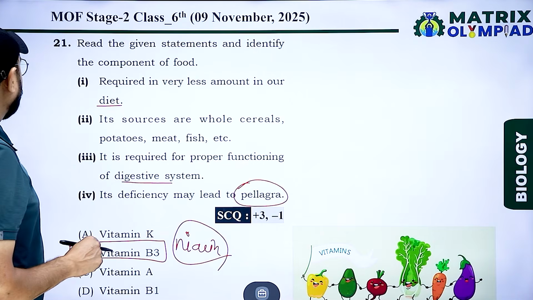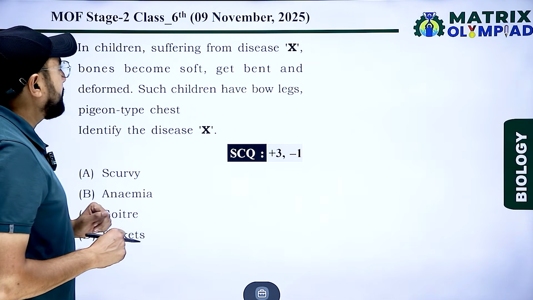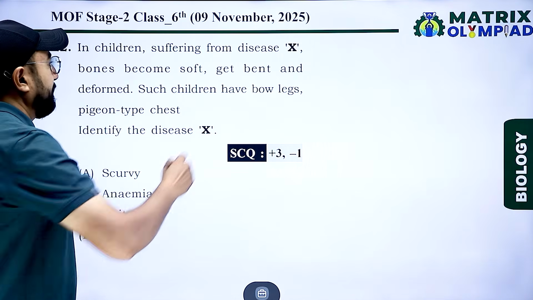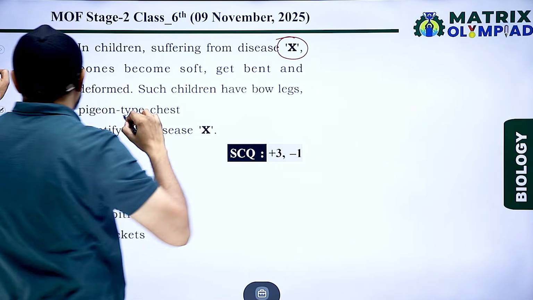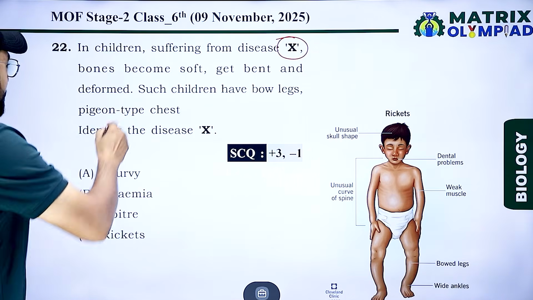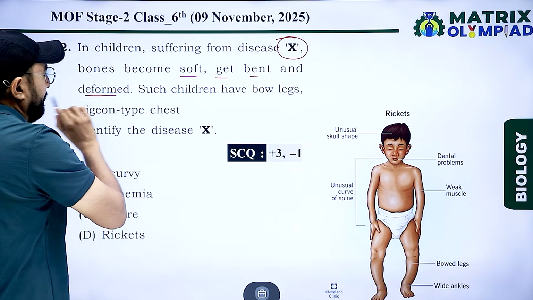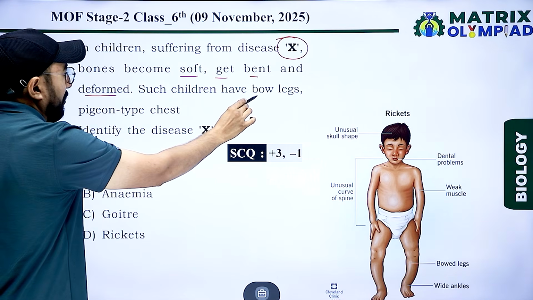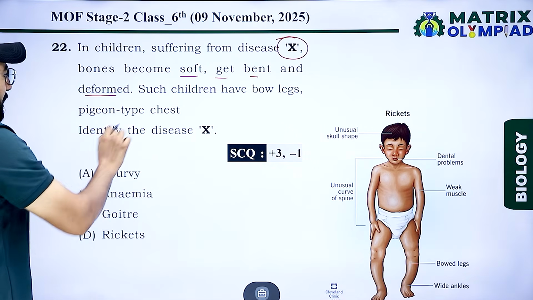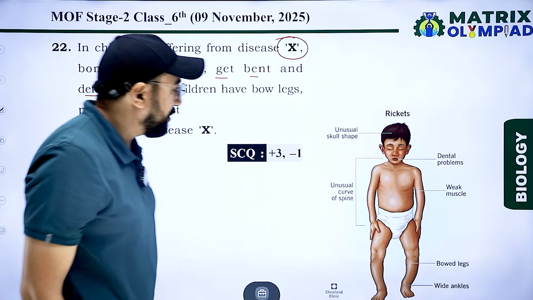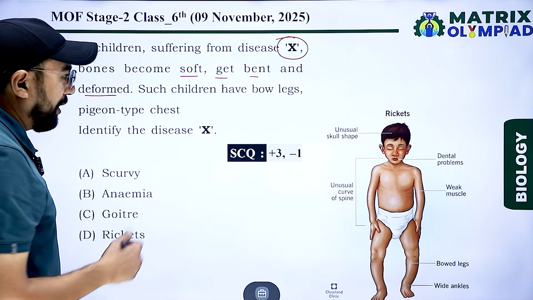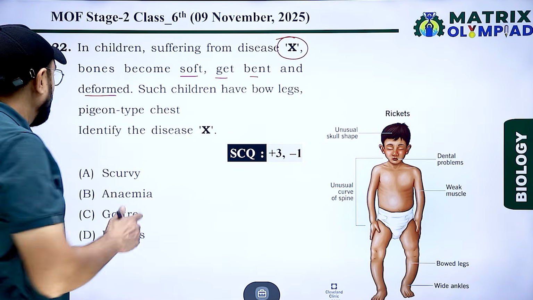Next question: in children suffering from disease X, a bone disease, the bones become soft, get bent and deformed. Such children have bow legs and a pigeon-type chest. In this diagram, it relates to bones.